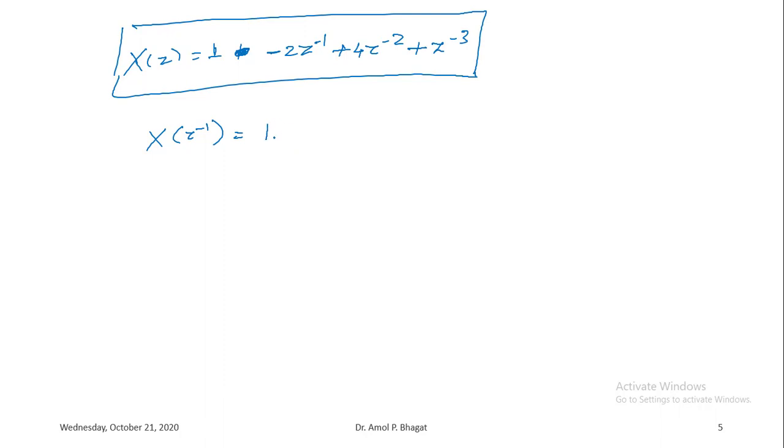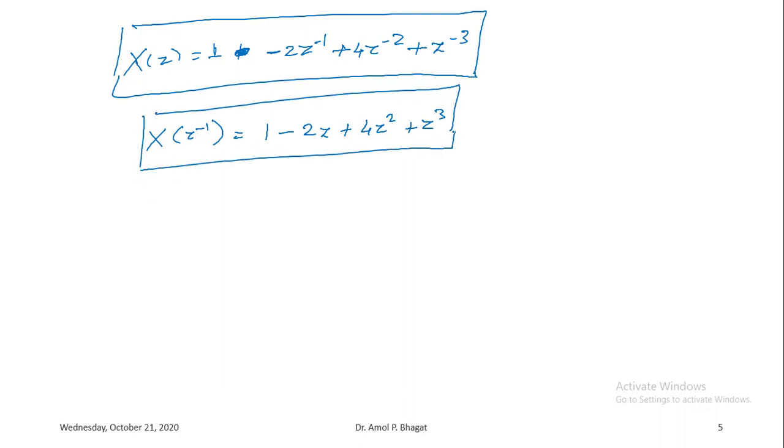So it will be simply 1 minus, so 2z, since z is replaced with z inverse, this minus minus becomes plus, so 2z plus 4z square plus z cube. So this will be x of z inverse.